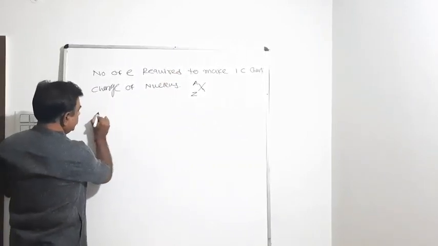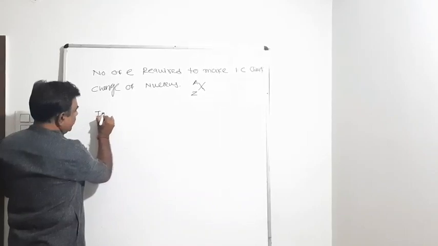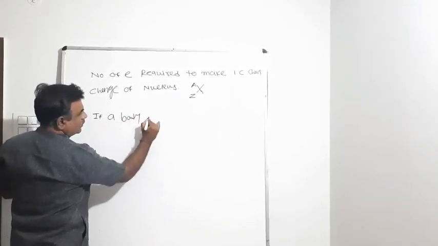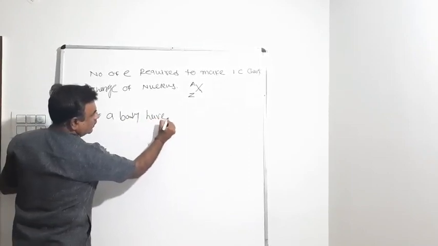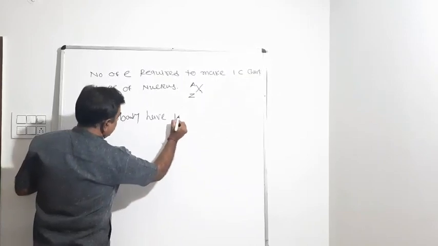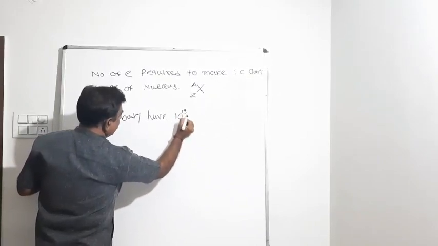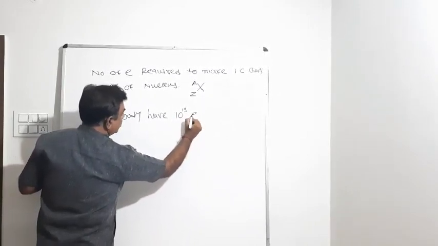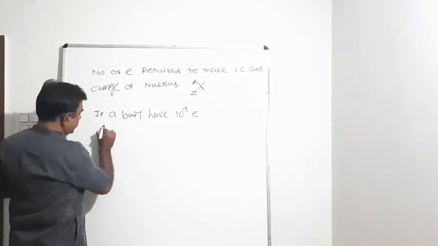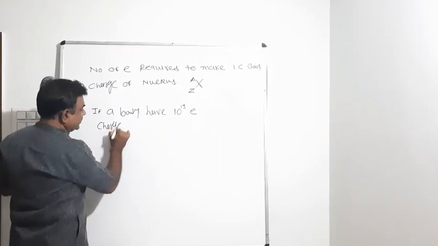Further, if a body has 10^19 excess electrons, what is the charge on the body?